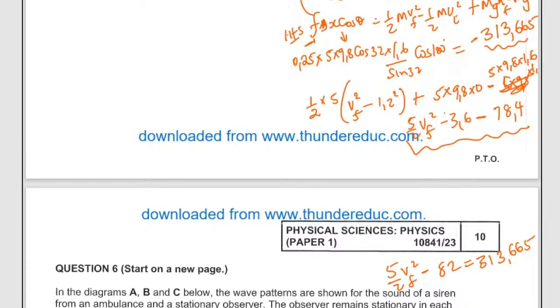So multiplying by 2 and dividing by 5, I'm getting that, and then I'm getting 96.